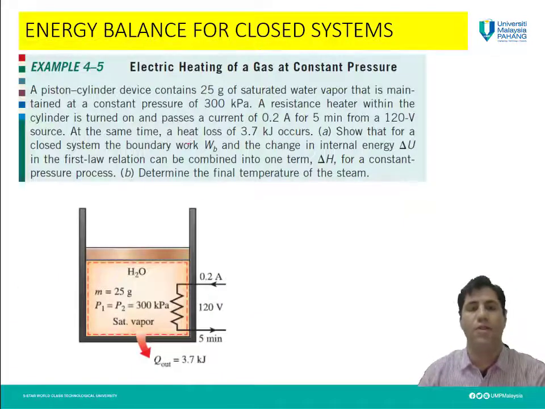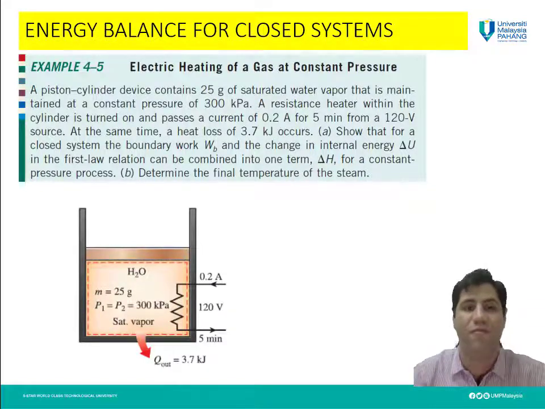Now we will see in an example how we can use those equations to find the change in the energy for a closed system. In this example, we have a cylinder piston, or piston cylinder, as usual, to have a better understanding of a closed system. A piston cylinder device contains 25 grams of saturated water vapor.